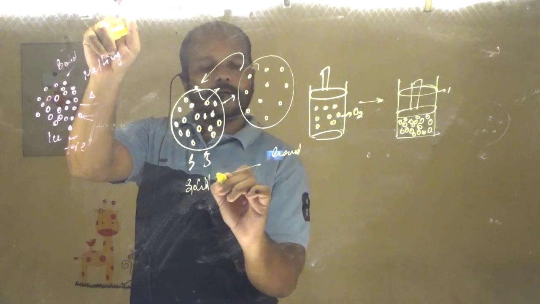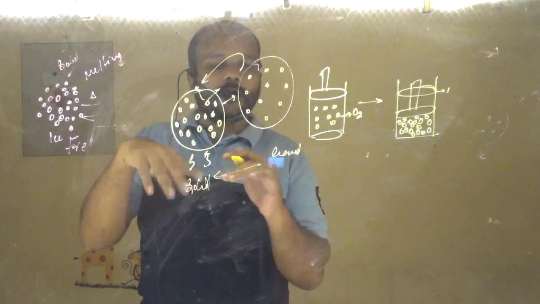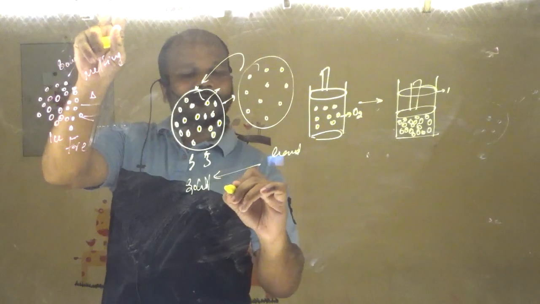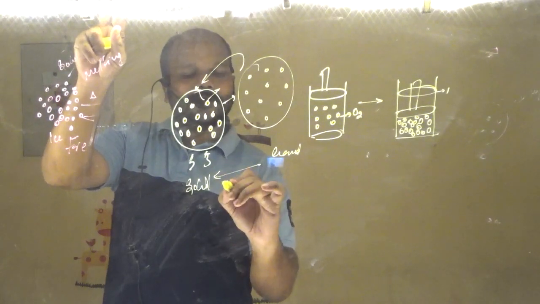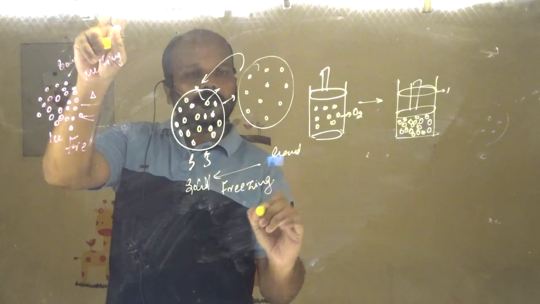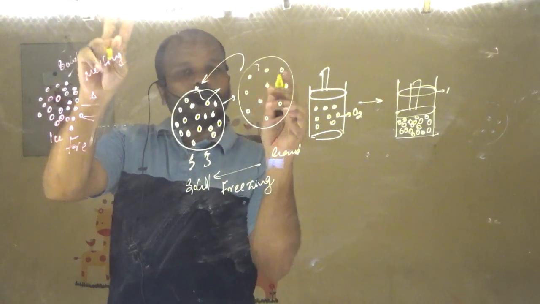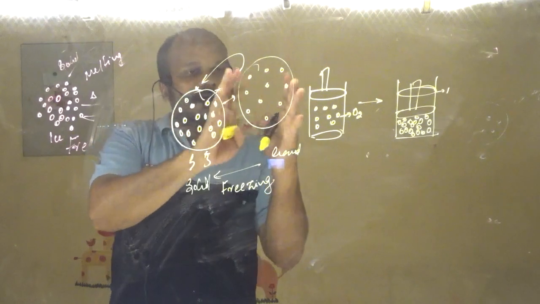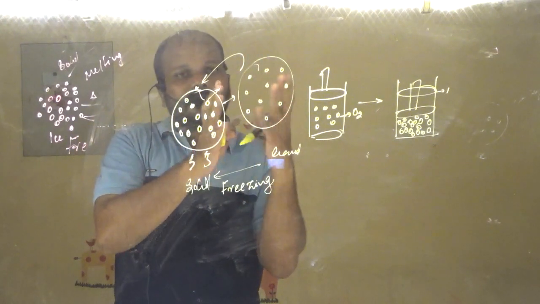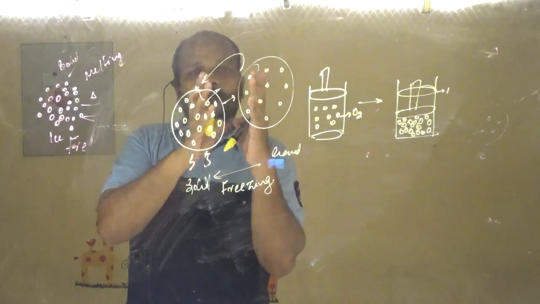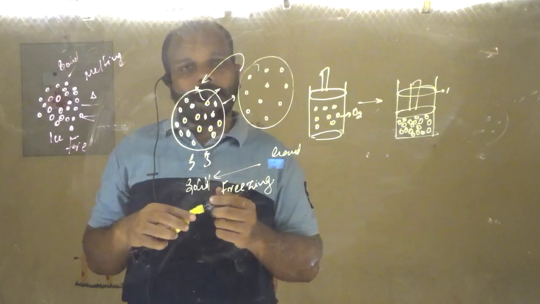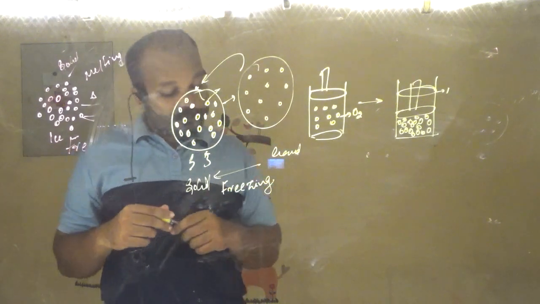When you are cooling, this process, liquid to solid, we call freezing. The particles, which were moving freely in the liquid, will vibrate slowly and try to occupy a more compact arrangement. So that is what happens.